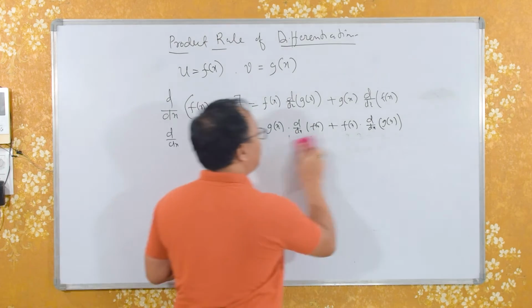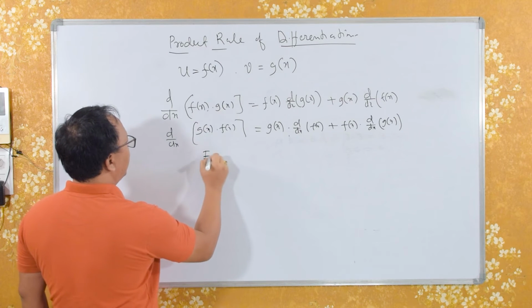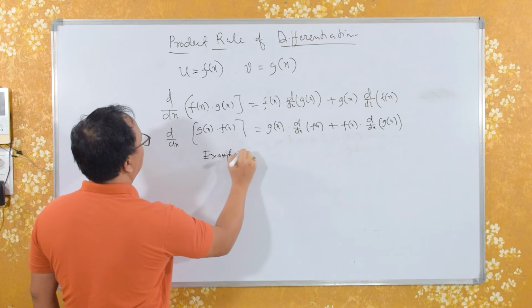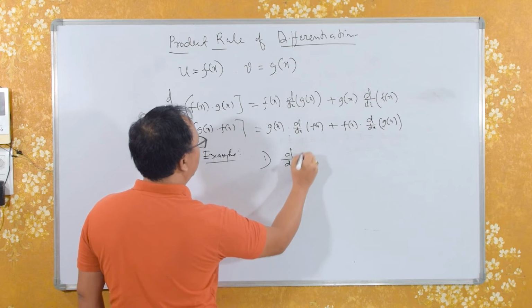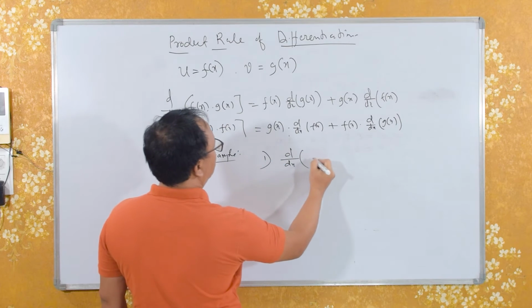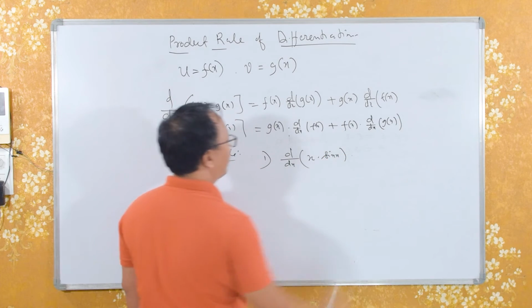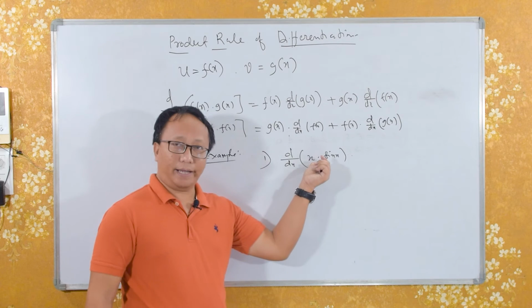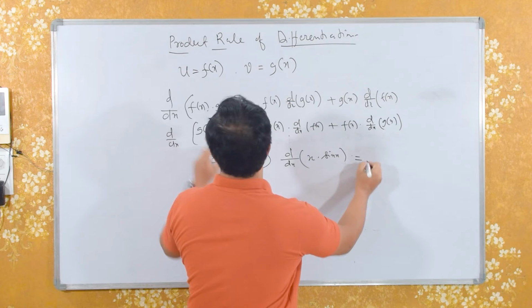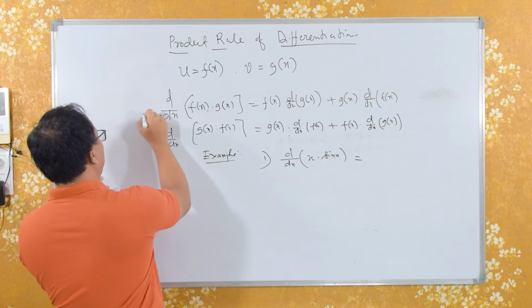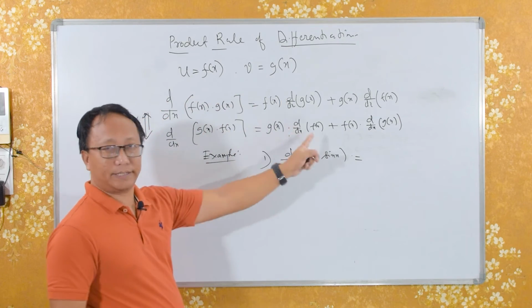So let's try an example. Example number 1, differentiate dy dx of x into sin x. Let's consider x as the first function and sin x as the second function. Applying this formula, either way you will get the same answer.